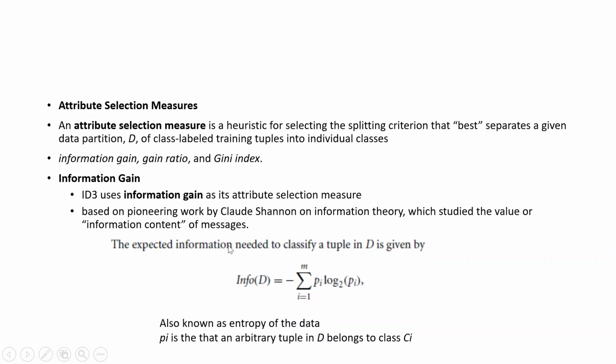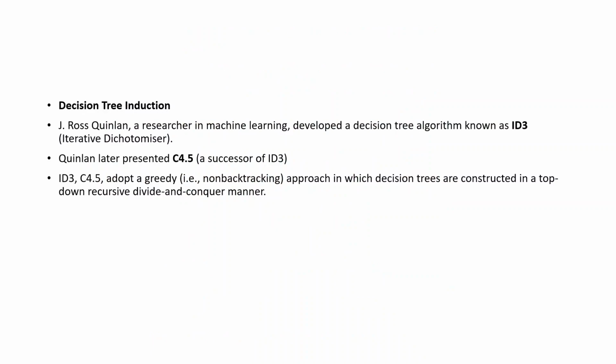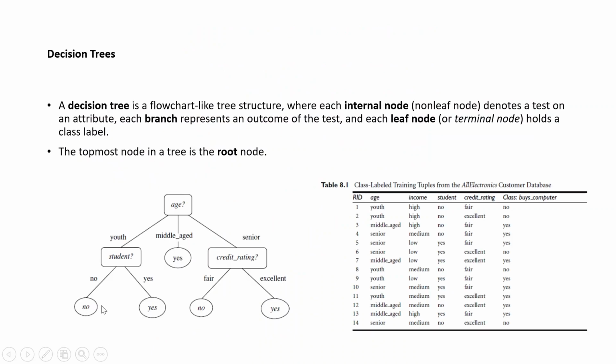The entropy of a data set is the amount of randomness in it. Basically, we want all the classes in our data to be uniform. If you are going to classify using decision trees, at the leaf node we will have different classes, for example whether a person will buy a computer.